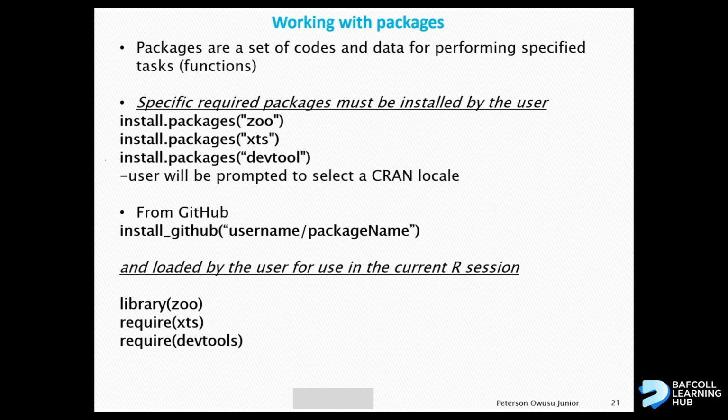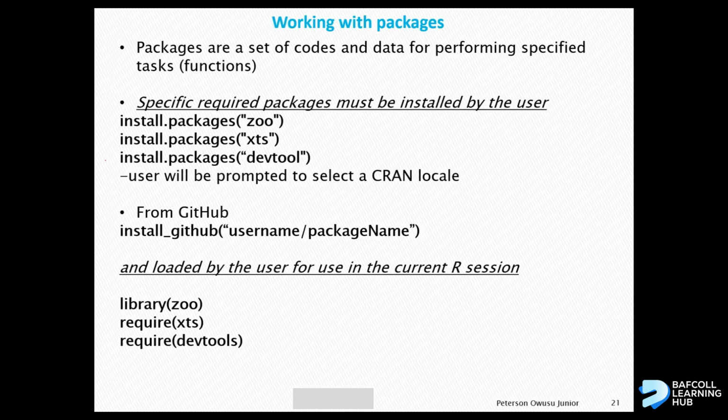But not all packages that we may need are in the Comprehensive R Archive Network. You may know the GitHub website. Some packages are also there, but we need to be able to make use of them. It has a slightly different function, install_github. GitHub is a website with users where people post code and other materials.